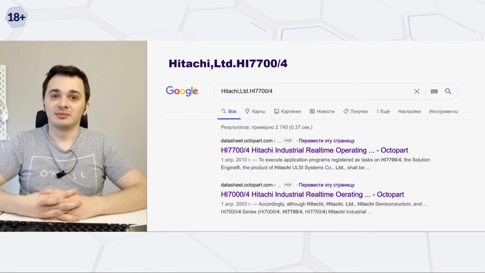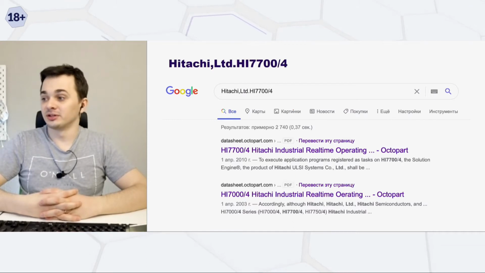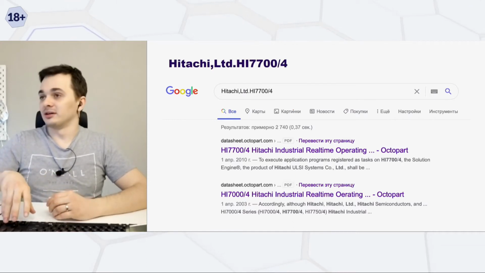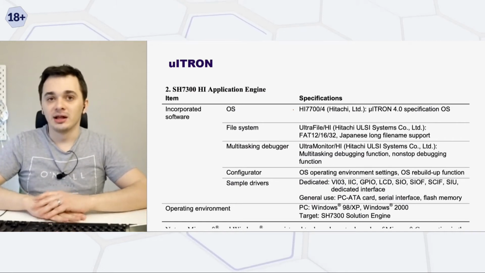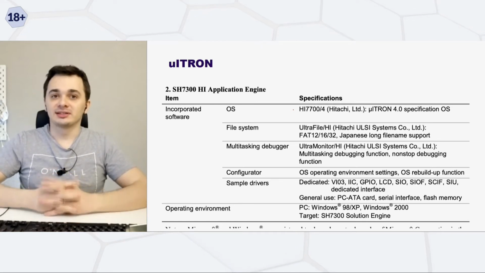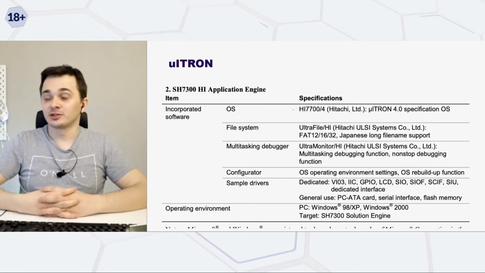So obviously, this is the copyright string, Hitachi Ltd Hi 7700/4. If we study the search results, we will discover that hiding under this abbreviation is an operating system developed by Hitachi.